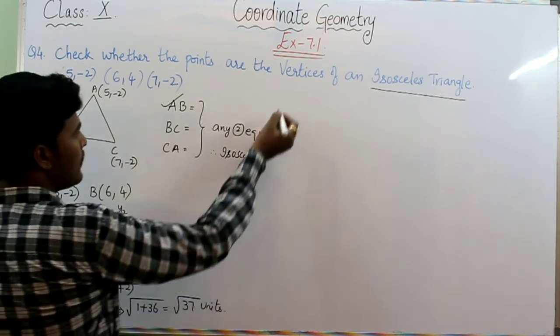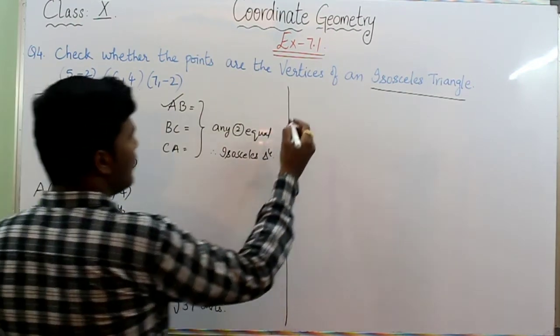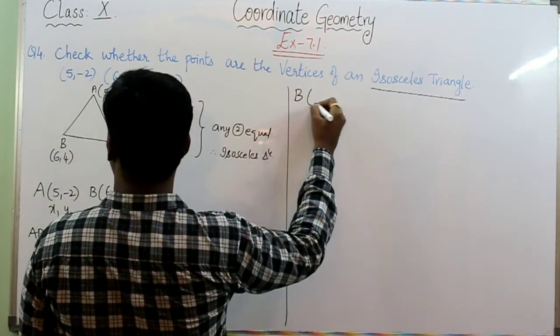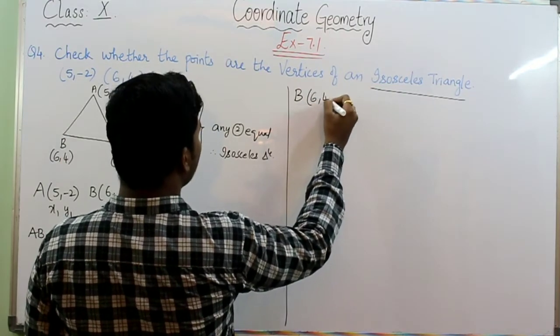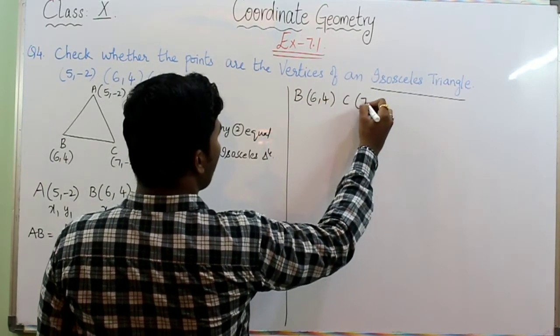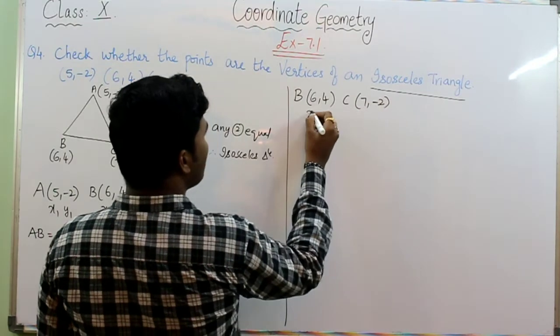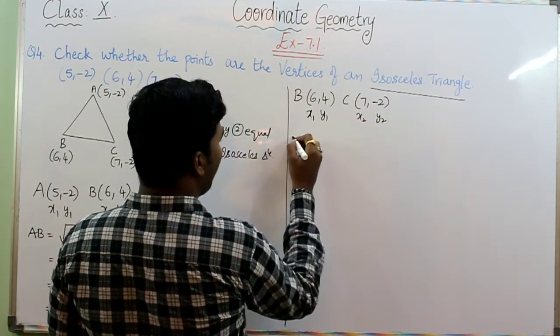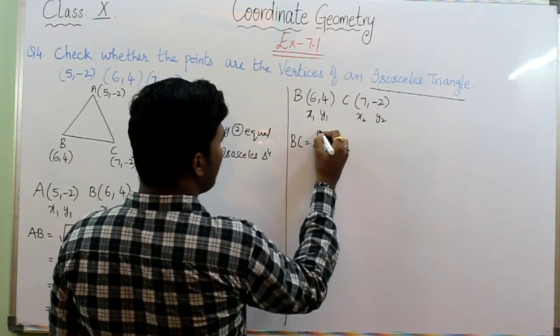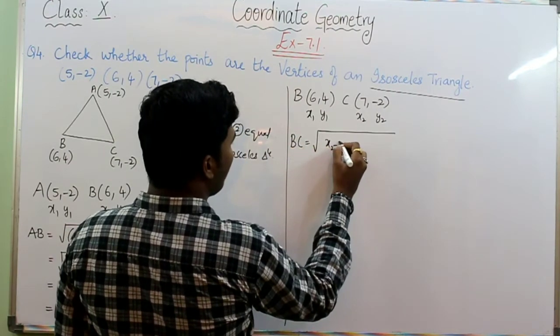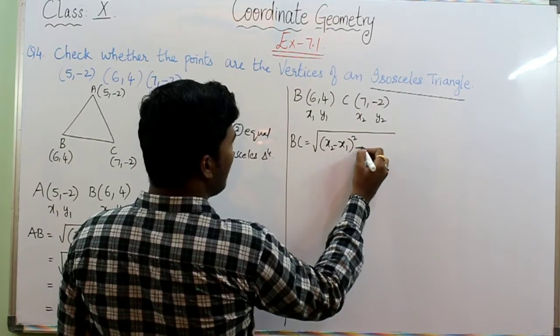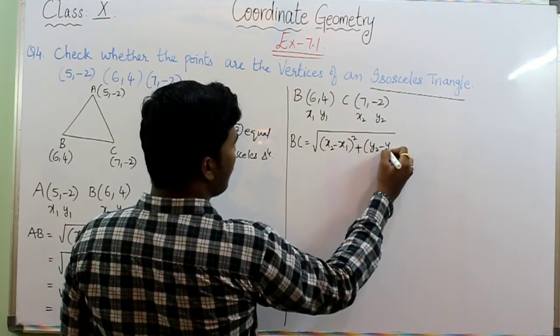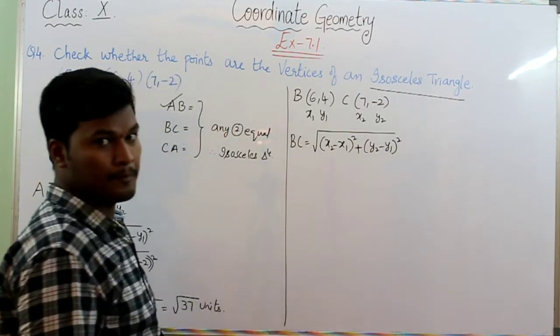Now let us check for BC. Let us consider the point B. B point is 6, 4 and C point is 7, -2. Let us name them as x1, y1, x2, y2, and now BC is given by square root of x2 minus x1 whole square plus y2 minus y1 whole square.